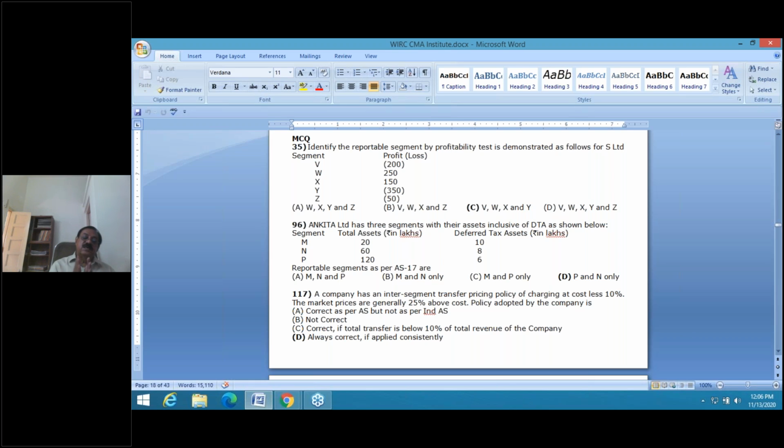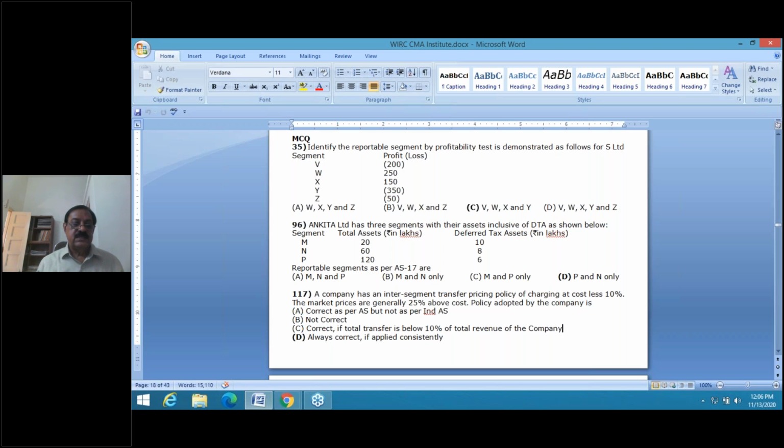So friends, it is contained in this Ind AS that for inter-segment transfer pricing policy, whatever policy is decided by the management, if followed consistently over the years, then it is allowed. Because segment results when compared over 2 or more years will not be affected by this.